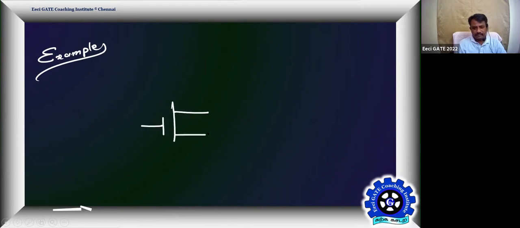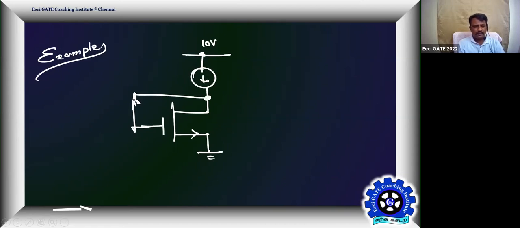I'll give one more interesting example similar to this. You're going to answer this. The NMOS has these specs: Kn is 1 milliamps per volt squared, and its threshold is 1 volt.